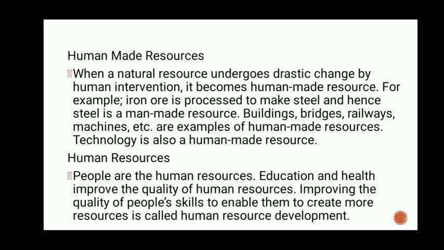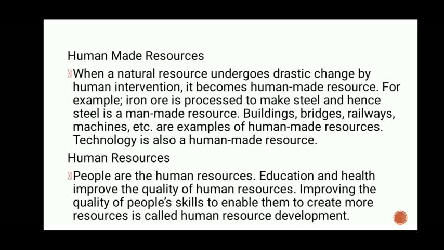What about human resources? This term is a little bit complicated to understand, but very easy once you understand. Humans, if they are useful to a particular person, are called human resources. Today, a person who is educated can serve the country and become a resource for many people because he is helping others.